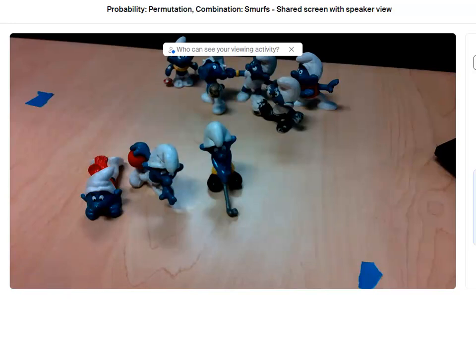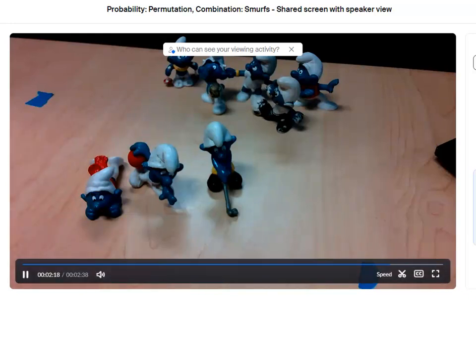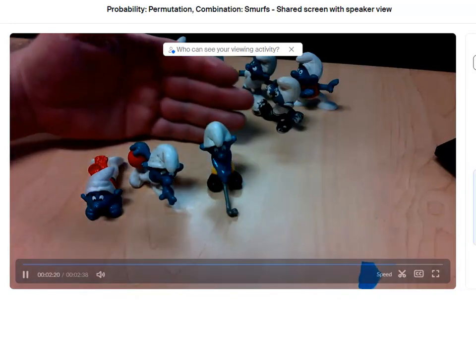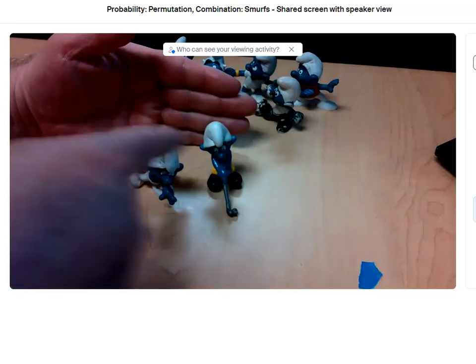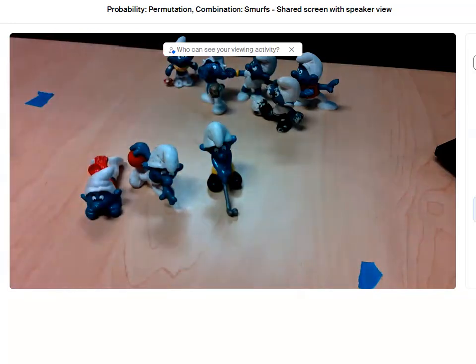But then for the US trials, when they want to get to the Olympics, it doesn't matter how you place first, second, or third. As long as you're in the top 3, you will qualify for the Olympics. So for those US trials, it actually doesn't matter in which order these are, but you have to be in the top 3, and you only come up with 56 possible combinations. So that's the difference between the permutation and the combination.